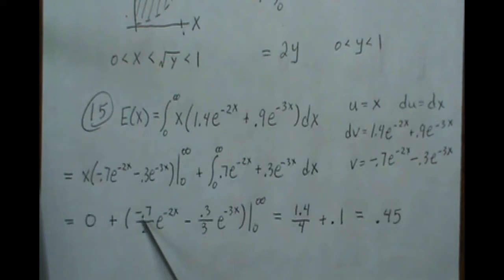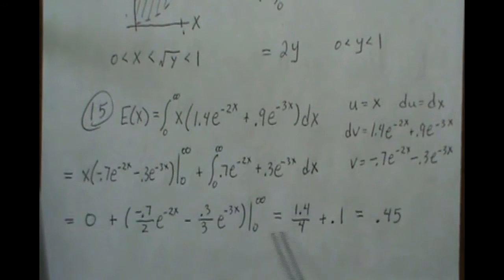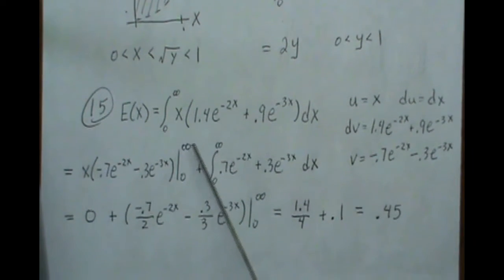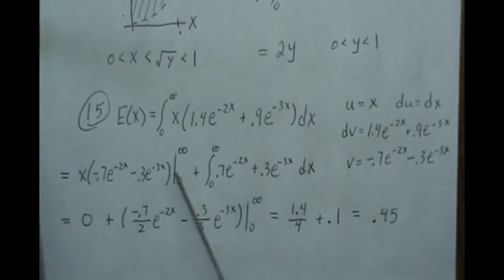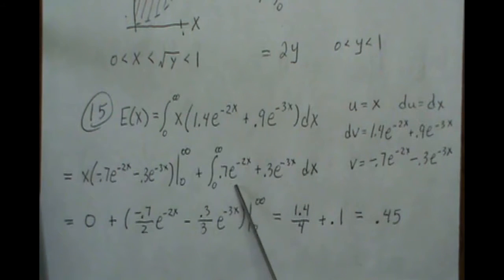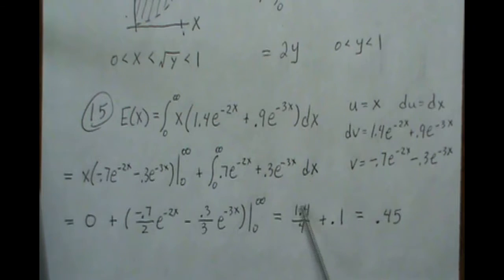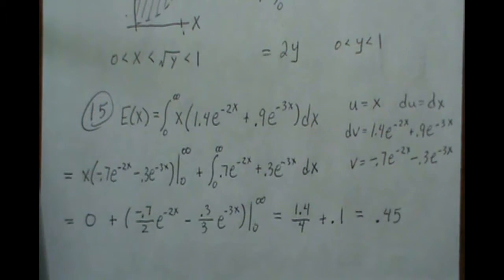So you get negative, or 0.7 over 2, which is what this is. But when I was doing the homework or doing this, I skipped a few steps here and just copied and pasted down here. So 0.7 over 2 is actually the same as this. This is 0.1, and the answer is 0.45.